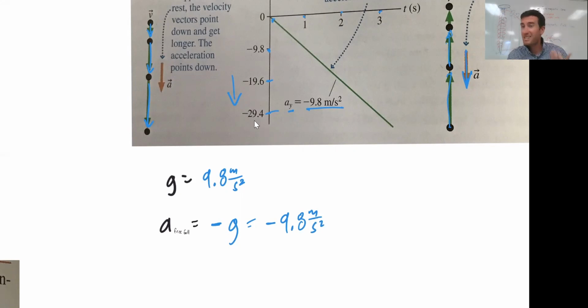So it's a very subtle difference, but we say that g is always a positive value. The gravitational pull acceleration is positive, but the acceleration due to free fall, because it's downwards, and we've set up as positive, down as negative, has to be negative 9.8 meters per second squared.